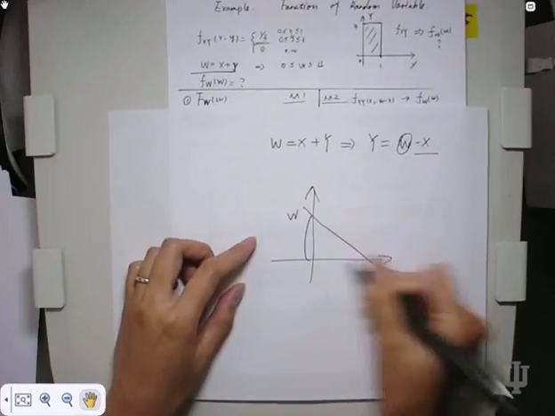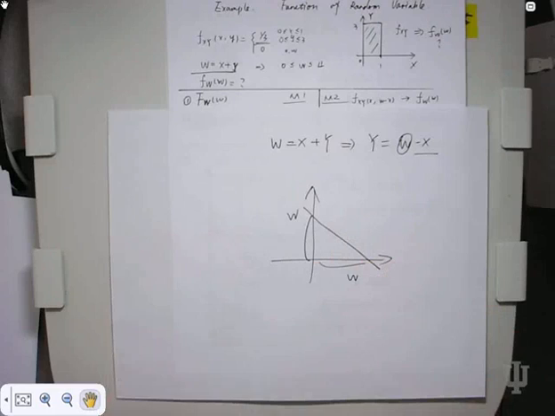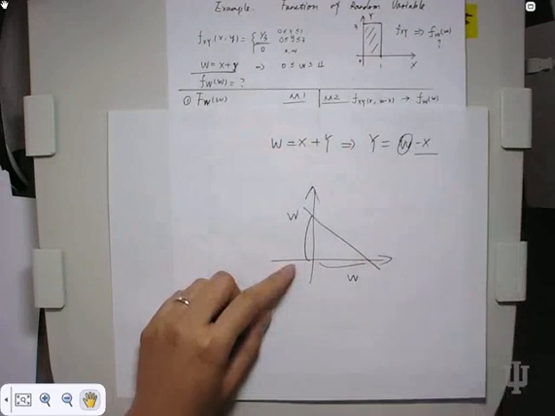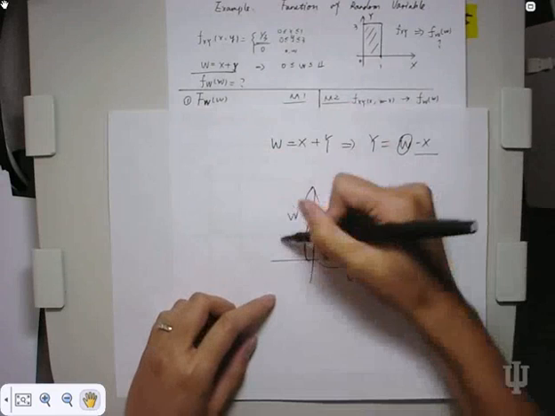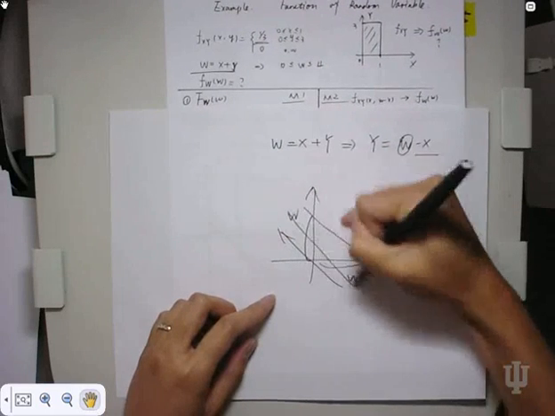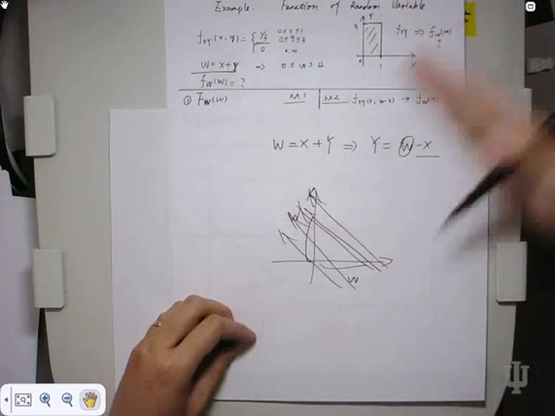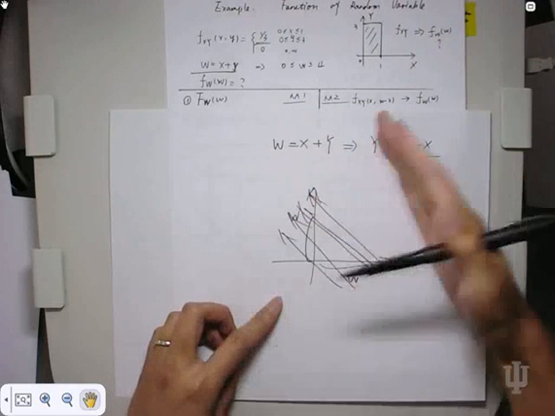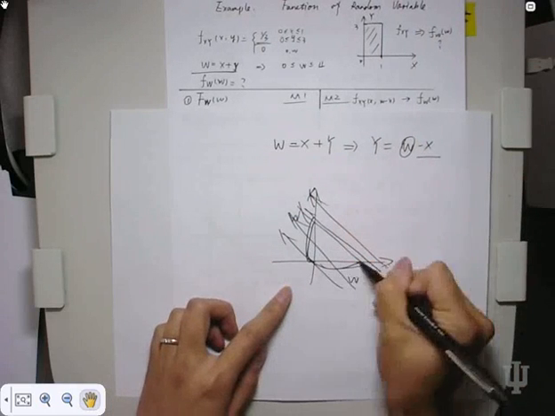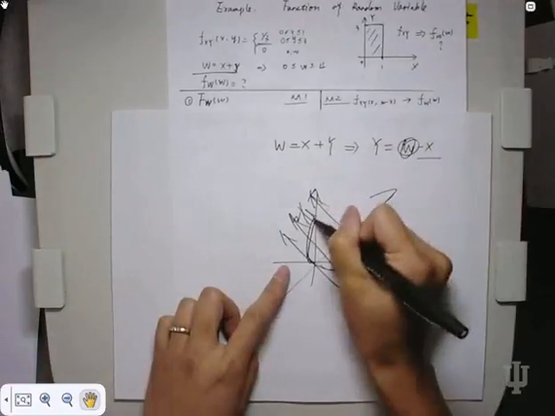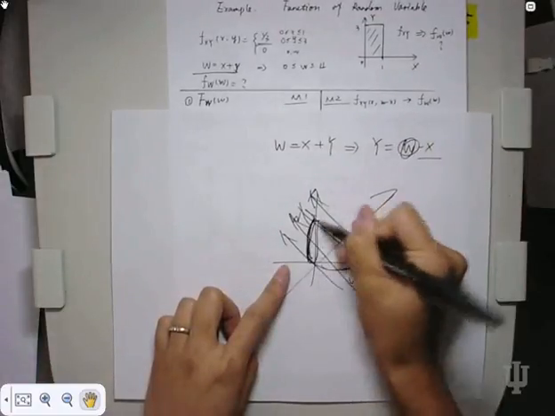You know this length is w. Of course, it's -1 slope, so it goes this way. When your w is greater and greater, it goes this way, right? Of course, you have a slope of -1, so this side is the same, just through this direction, right? And your w is this part.